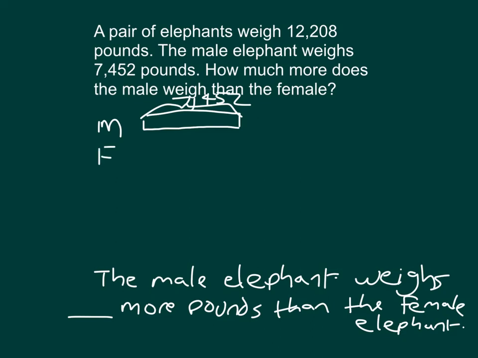Then I have a female elephant, which I know doesn't weigh as much as the male. However, I do not know how much that female elephant weighs. What I do know is that both of them together weigh 12,208 pounds.